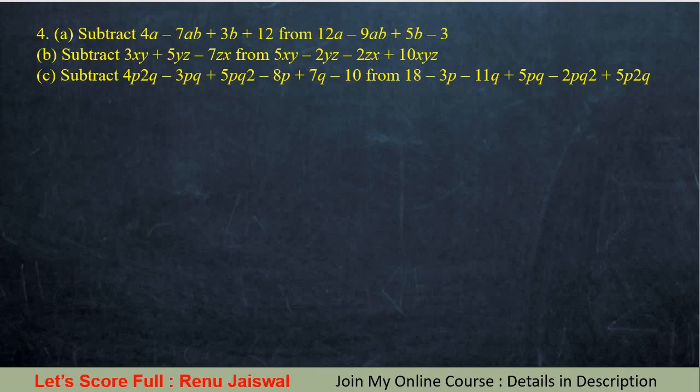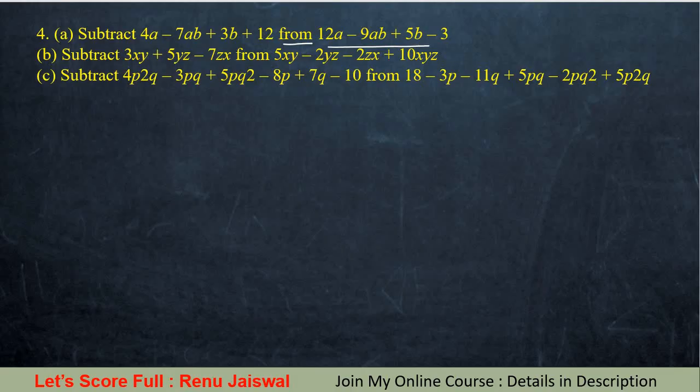Now coming to the subtraction question. It says part A, subtract this from this. As I said even in the first part, when it says subtract this from this, the from term comes first.